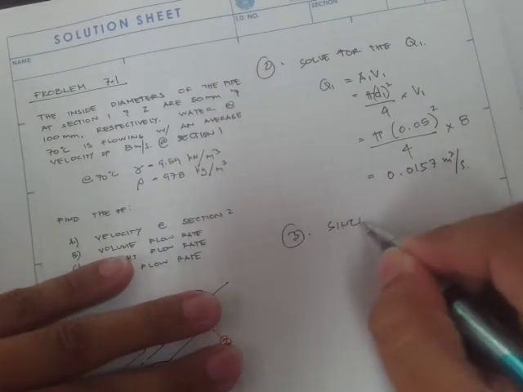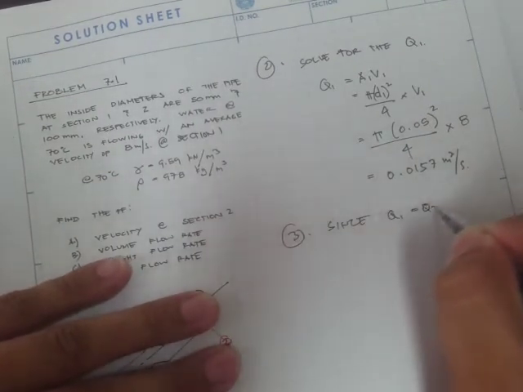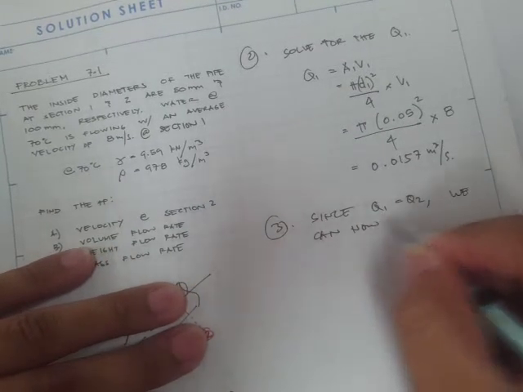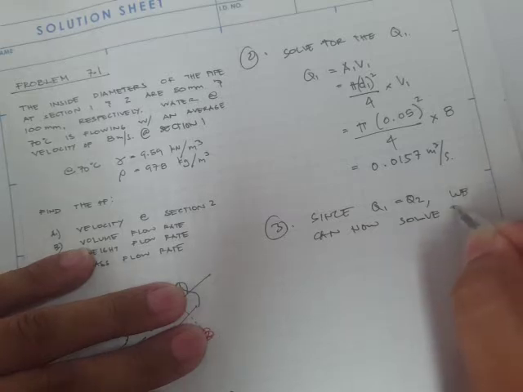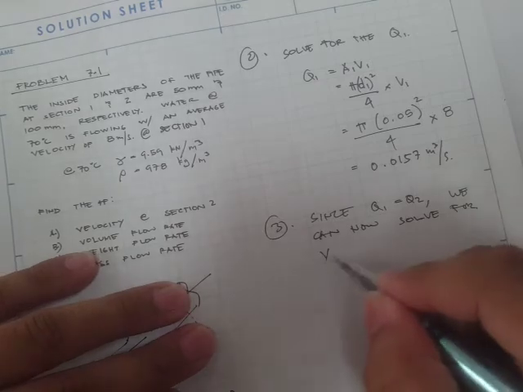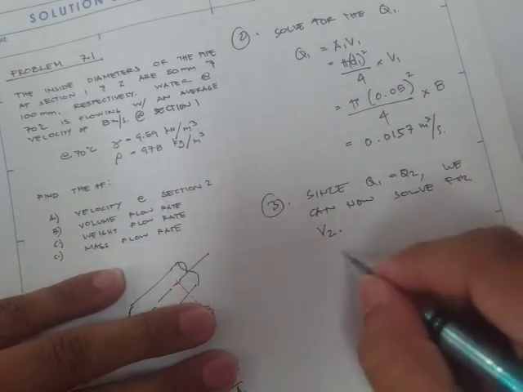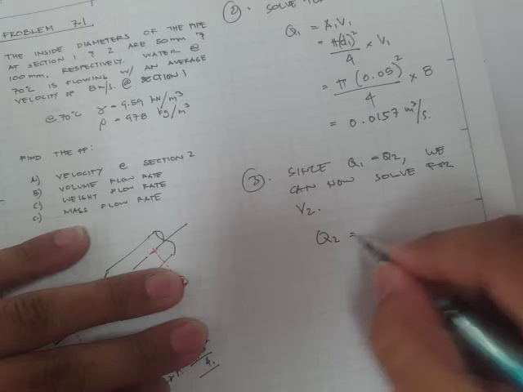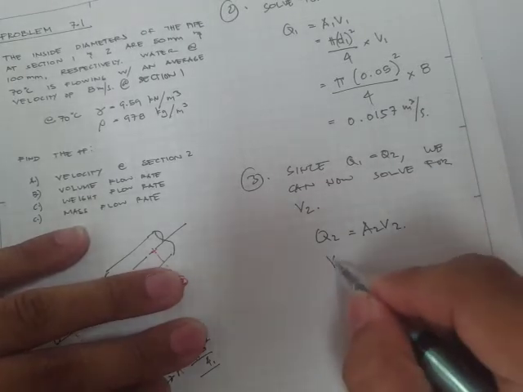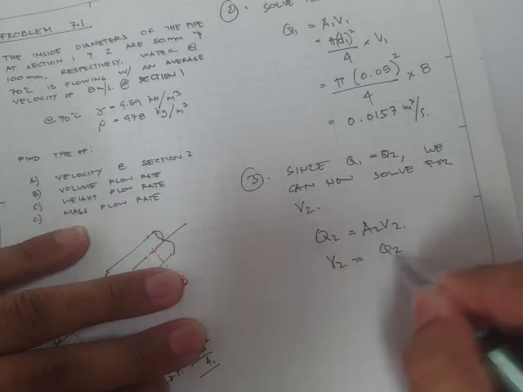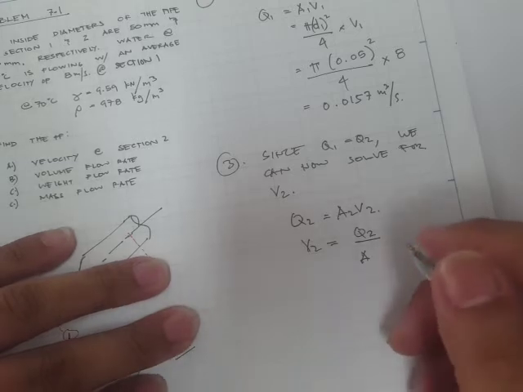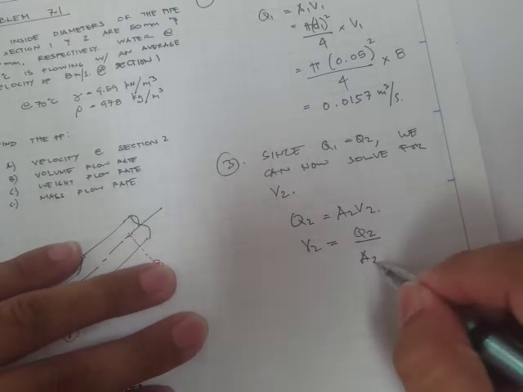Since Q1 is equal to Q2, we can now solve for the velocity at point 2. Our working equation is Q2 is equal to A2 V2. Therefore, the velocity at section 2 is simply our discharge at section 2 divided by the area at section 2.